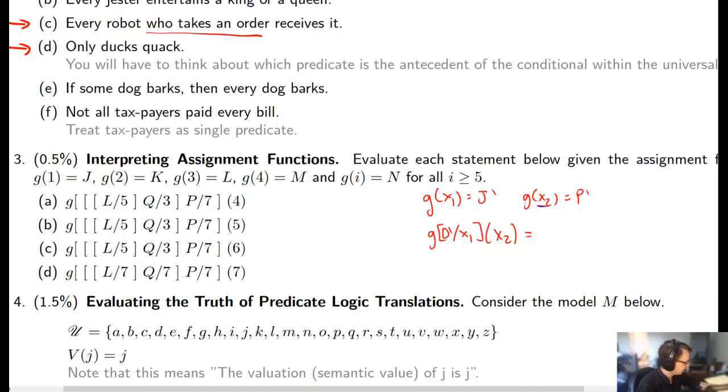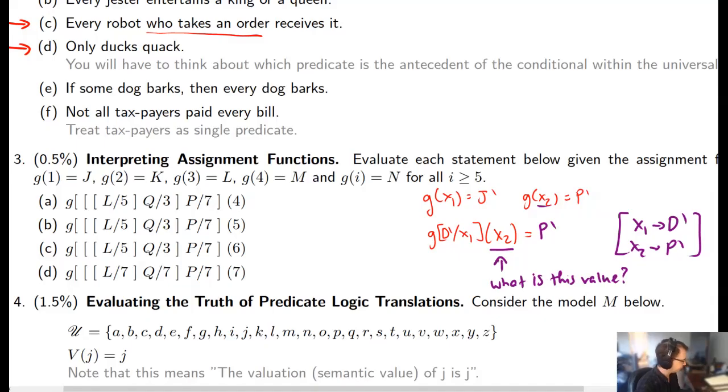Well, x2 hasn't changed. x2 is still p prime. So if I were to draw this out, right now x1 is d prime and x2 is p prime. So this is just like asking what this value is.